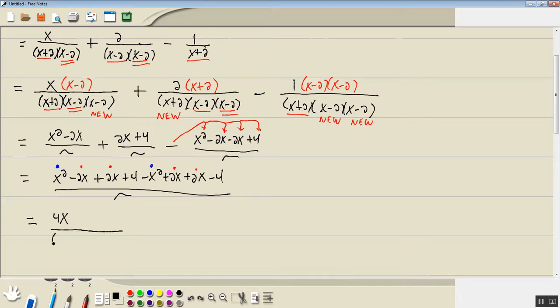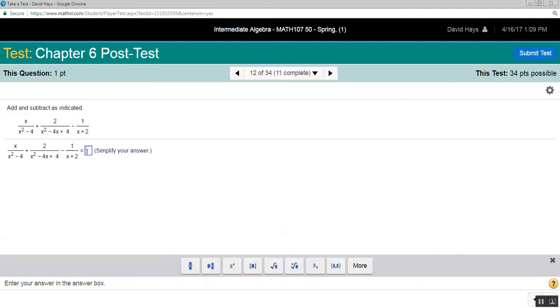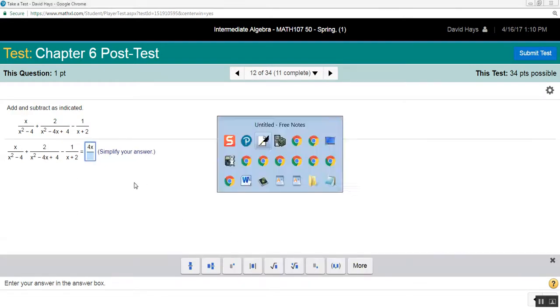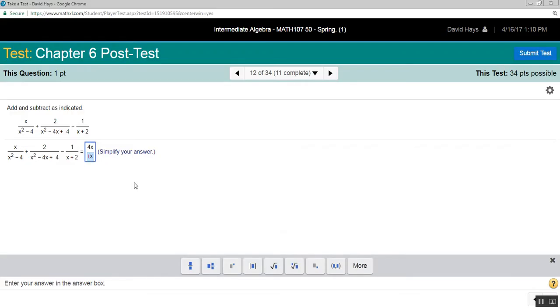Now put our denominator back in. X plus 2. And x minus 2 times x minus 2, probably they'll want the answer as x minus 2 squared, because there's 2 of them. So 4x over x plus 2, x minus 2 squared.